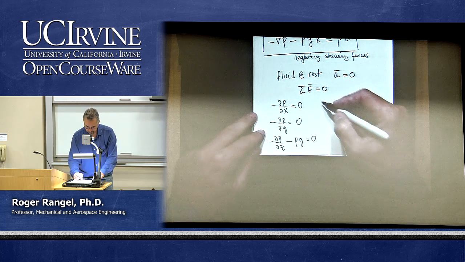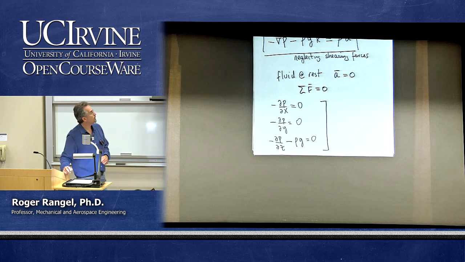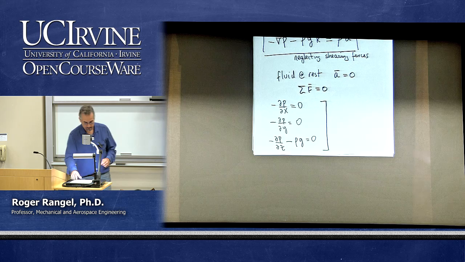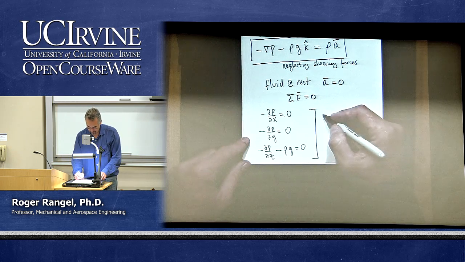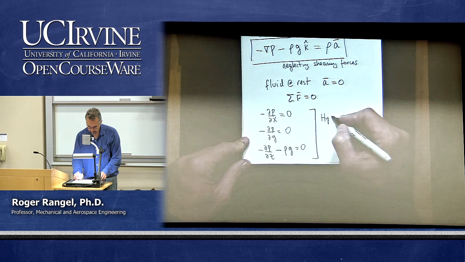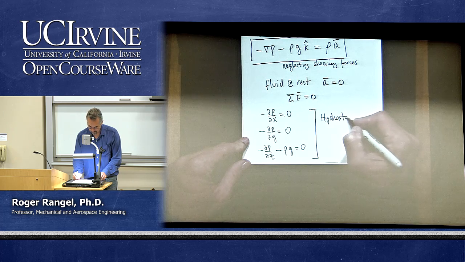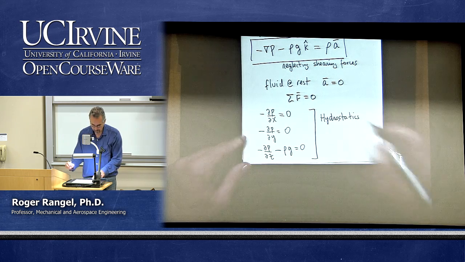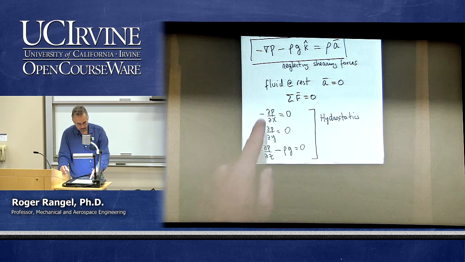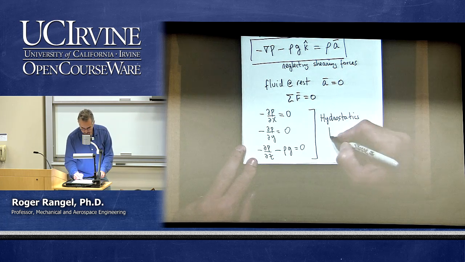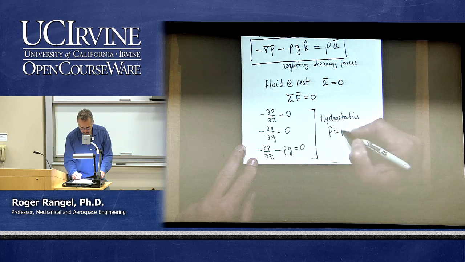And these are the equations that determine the pressure field under the situation that we have, which is hydrostatics. It is of course telling us that the pressure doesn't change with x and that the pressure doesn't change with y. The pressure only changes with z.